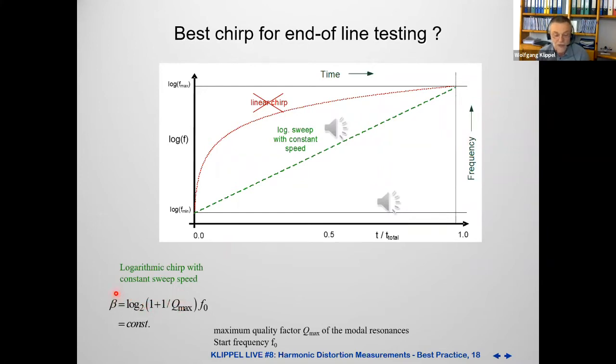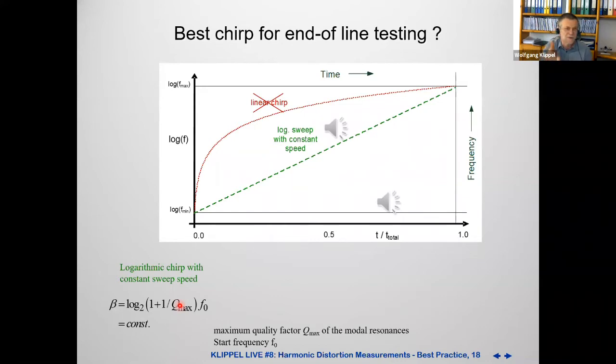And this was a very simple equation for how to calculate the sufficient sweep speed to grab all the important information. That depends on the Q factor, or the highest Q factor, generated by your speaker.